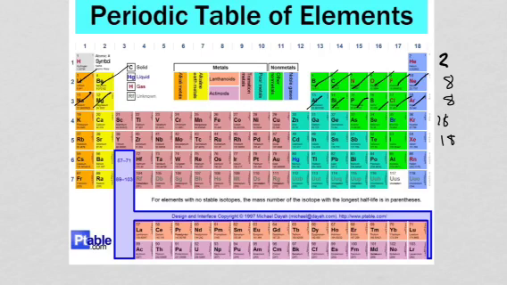Now, the sixth and seventh periods are a little bit different because not only do we start here, then we jump all the way down to these guys. All of these elements right here fit in this little area. The way they fit is, imagine that you had a bendy ruler, a ruler that you could actually bend, and each one of those elements was a spot on that ruler.